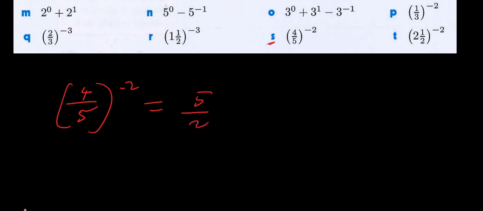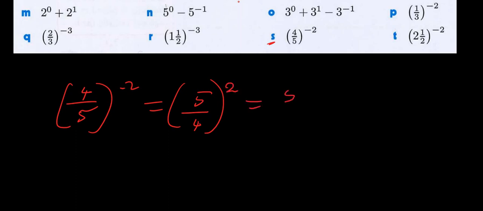Question S. We have 4 over 5 exponent -2. We take the reciprocal of 4 over 5, and that will become 5 over 4. Exponent 2.